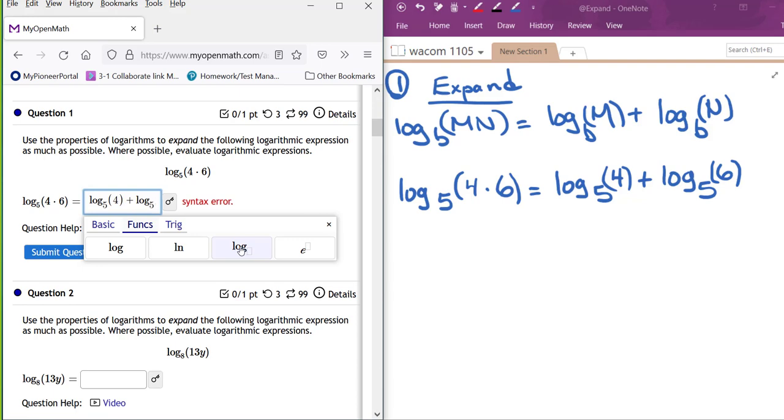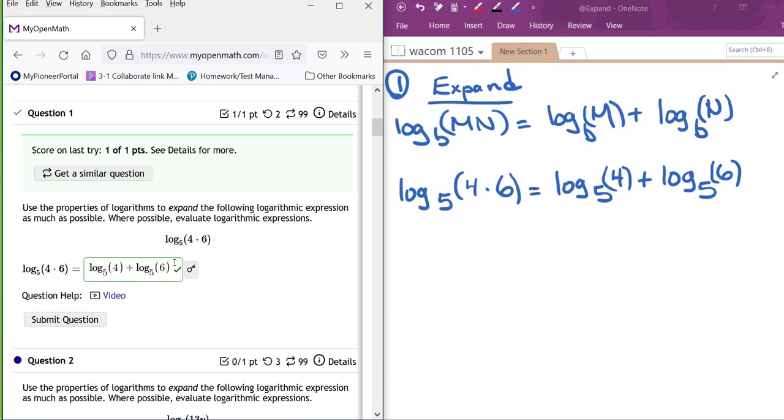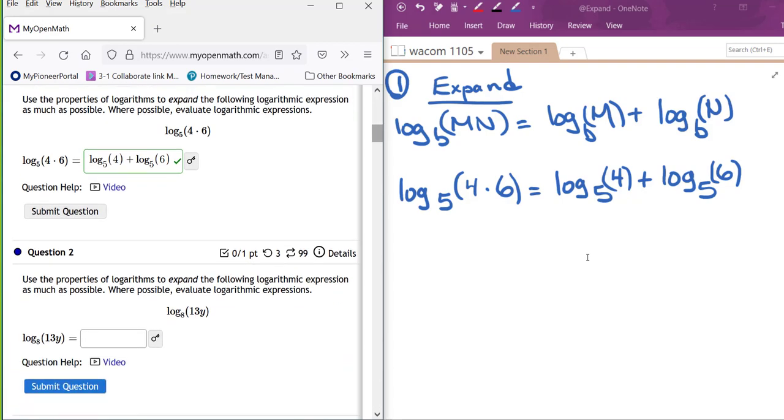And then I'm using the arrow button to get out of there, or you could use your mouse. And we'll see if it fusses. It just filled in for me, so you should be okay there.